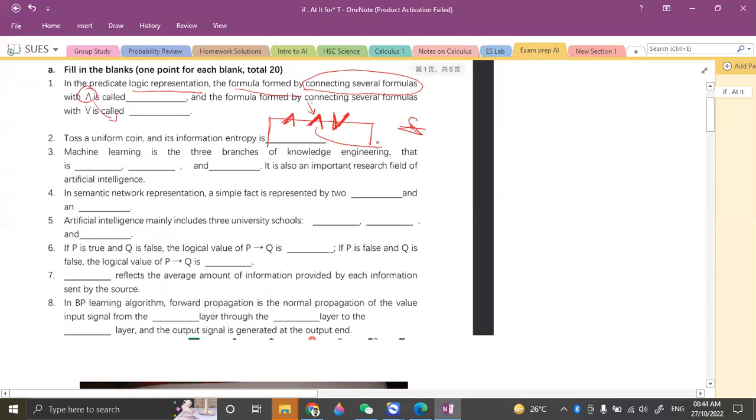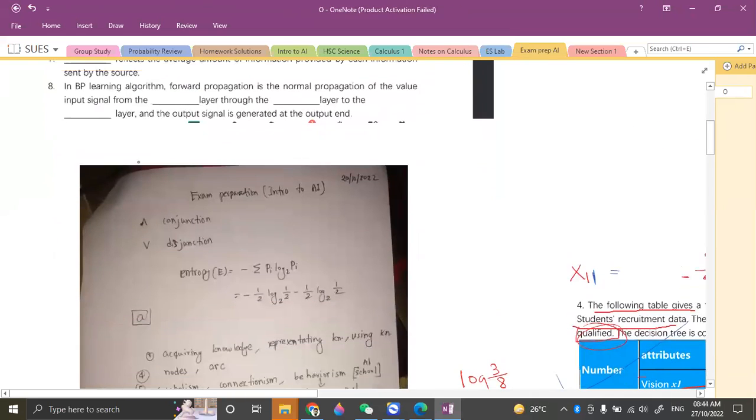So this one is conjunction, and this one is disjunction. So we have to write down this symbol, and this is called conjunction. And this sign is called disjunction. You can remember it this way: you have a rope here, and you want to hang up your clothes.